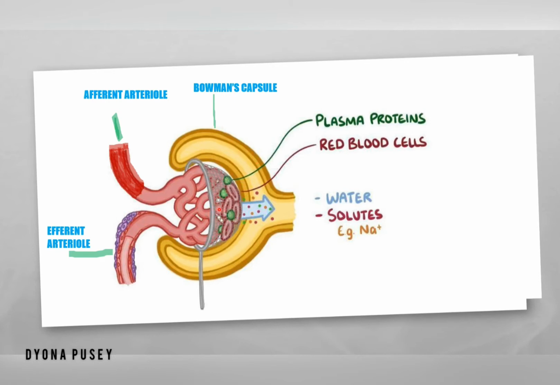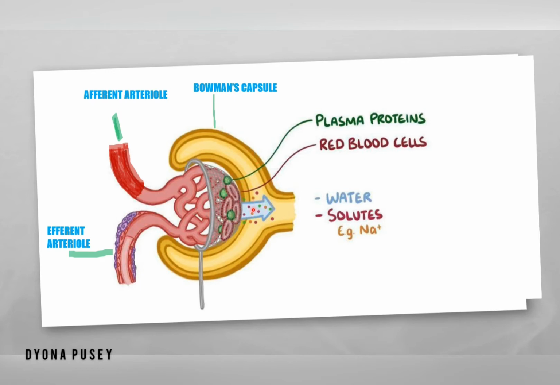So at this point, the driving pressure from the afferent arteriole plunges the blood into the glomerulus, causing small substances to be filtered into the Bowman's capsule through tiny slits.